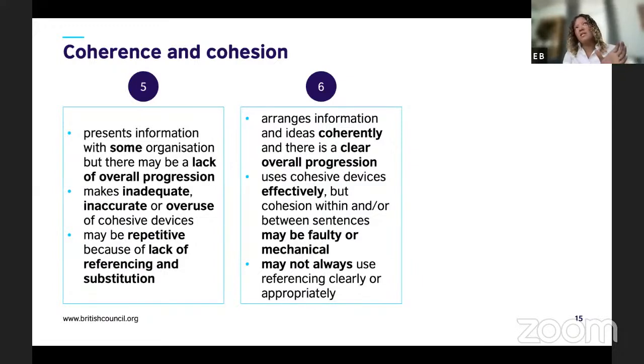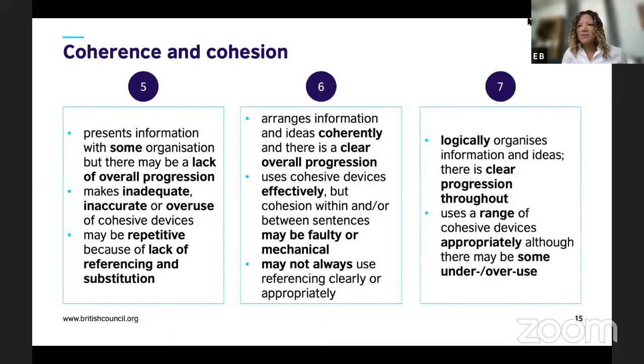Or if they are writing more complex sentences, there might be some loss of coherence within the sentence itself. And they may not always use referencing clearly or appropriately, but they are making more of an effort than at the band 5 level.